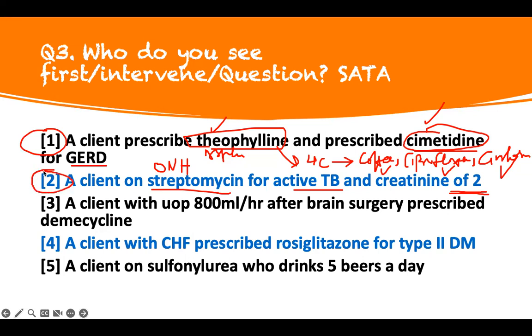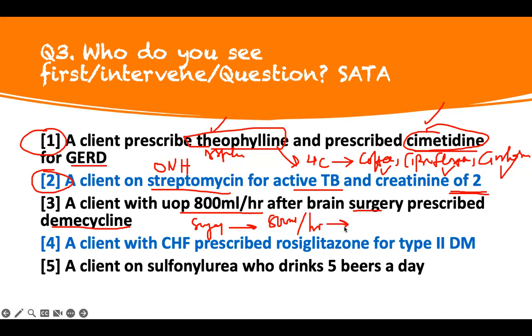Therefore, we should see this client. A client with urine output of 800 ml per hour after brain surgery was prescribed demeclocycline. Think about it. I have surgery, and all of a sudden I'm peeing 800 ml in an hour. That's too much, right?